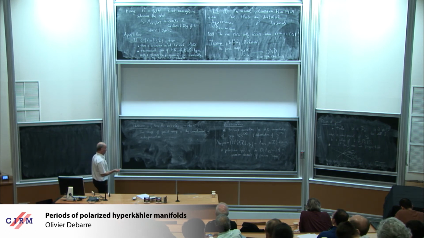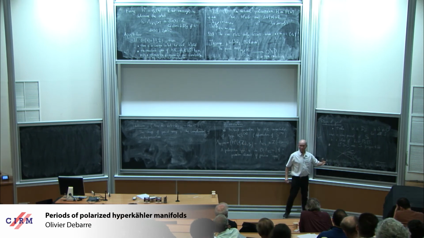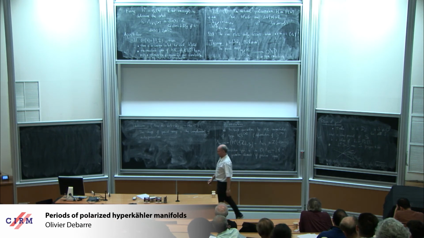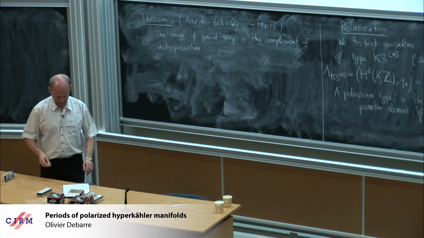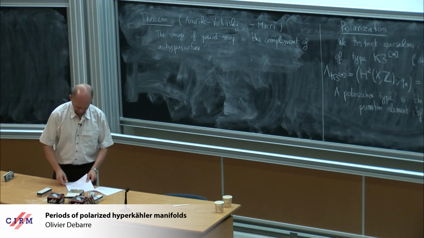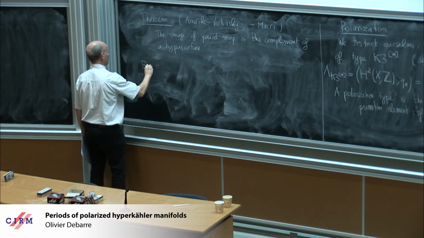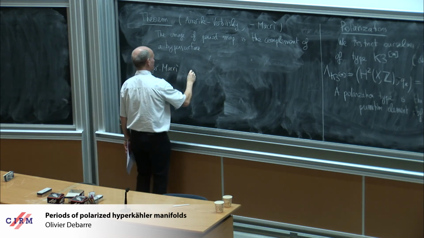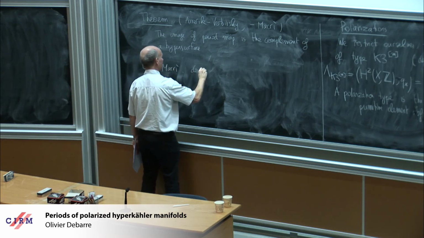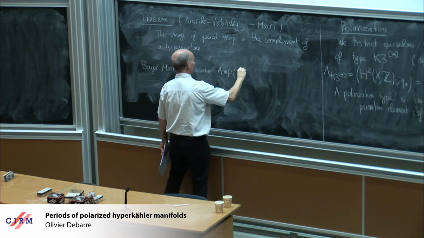The proof is based on, it's too bad I don't have time to do this, an explicit description of the ample cone of a hyperkähler manifold of K3^[n] type, which was obtained by a lot of people, including Bayer and Macrì. They describe explicitly the ample cone and the movable cone.